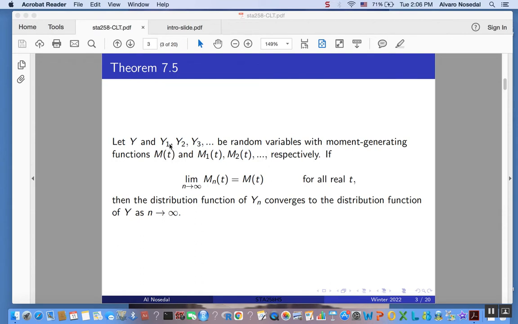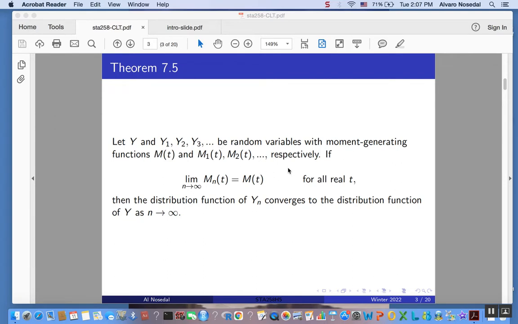Make sense? So for instance, if you have a sequence of random variables, and as n goes to infinity you realize that in the limit the MGF looks like the one for a normal, then that means that the limiting distribution of that sequence is normal, right?